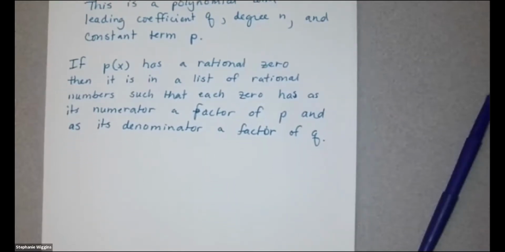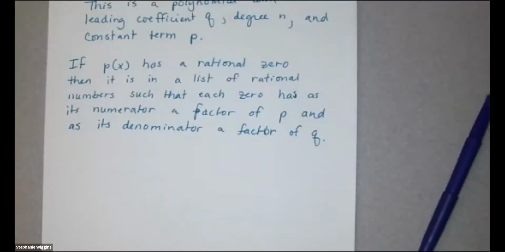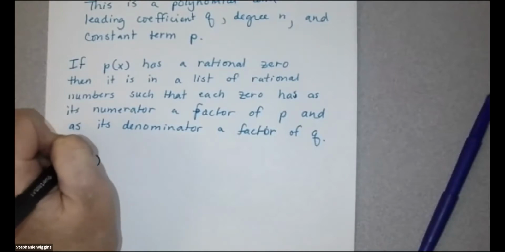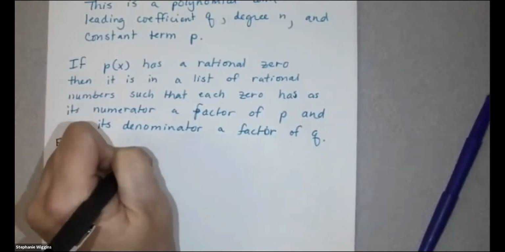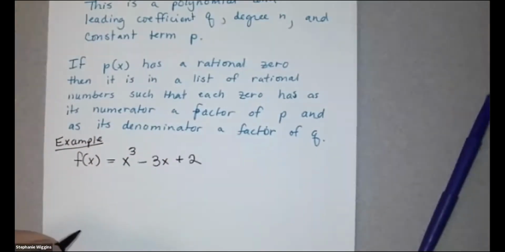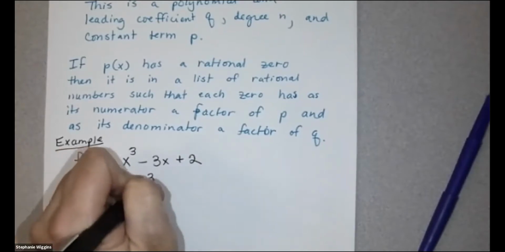Okay, so the example that we were looking at earlier was, I'm going to change colors here. Okay, so here we have our example. The degree is 3, right?